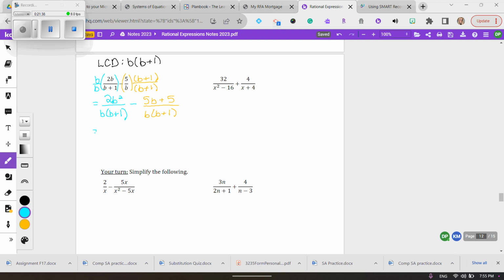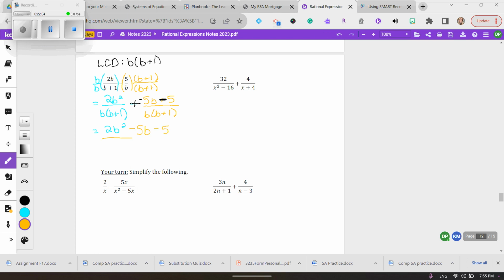Now I can go ahead and combine the numerators. Oh, there's that subtraction sign. I'm going to change it to addition and change anything on the top of my fraction to have the opposite. So minus 5b. And you can change it to plus minus 5b if you would like.